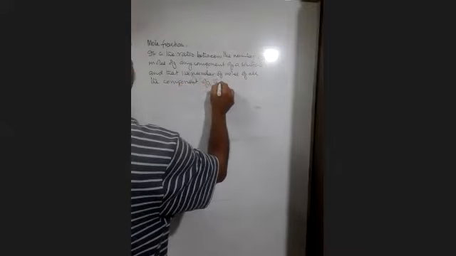Don't get confused. Suppose I have taken solute B dissolved in solvent A. So I can find out the number of moles of solute by dividing WB by MB. I can find out the number of moles of the solvent by dividing WA by MA. You know, weight of the solute divided by molecular mass.